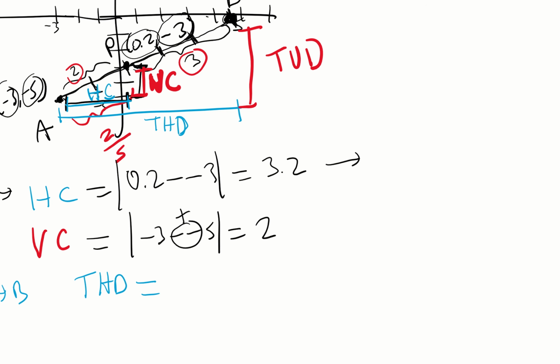oops, not 3.2. We need to take the fraction. So we know that 2/5 of the total distance, 2/5 of the whole thing, has to equal this.